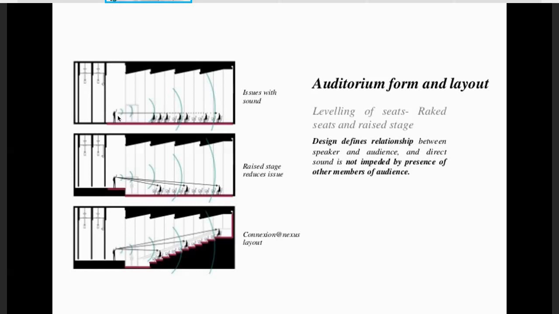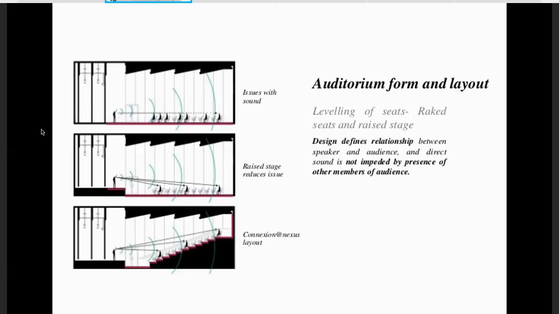With this type of arrangement, people sitting at the front part may be able to listen clearly, but the sound will slowly be absorbed by the furniture, blocked by the people and whatnot, and then the people at the back have trouble listening. But what happens if you raise the stage? If you raise the stage a little bit, we can reduce this effect.